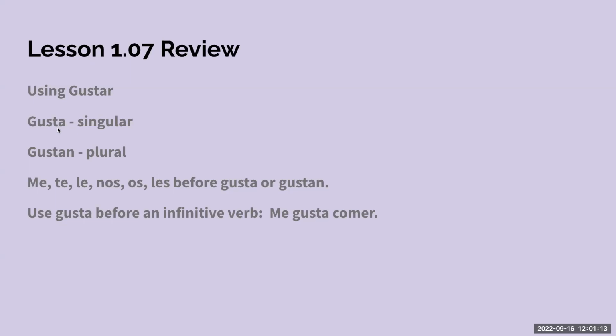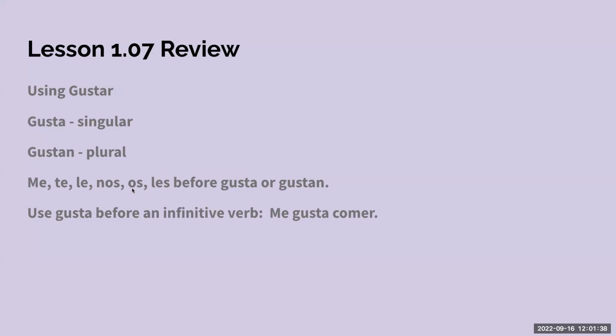And then before gusta or gustan is the person who does the liking. So me refers to myself. Te would be you, singular. Le would be he or she or usted. Nos would be all of us. Os is used in Spain.